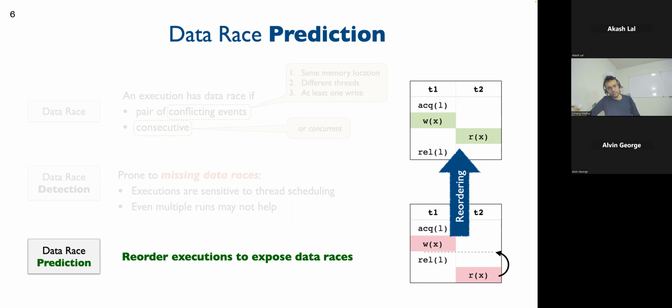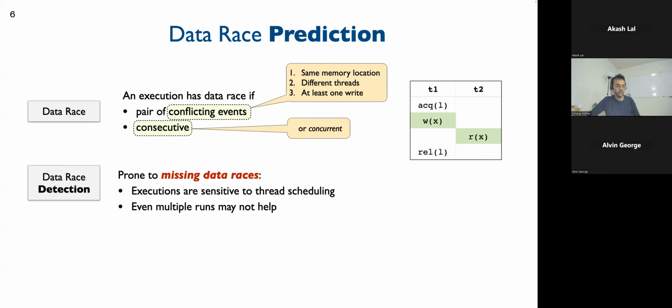So you're right. You can in general enhance this definition of data race and say things like maybe it's okay for them to be not consecutive, but maybe there are certain events in the middle which are not related, or there's a more sophisticated definition that says there is a prefix in which both the two events in race are enabled. All these definitions are similar to each other in a precise sense.